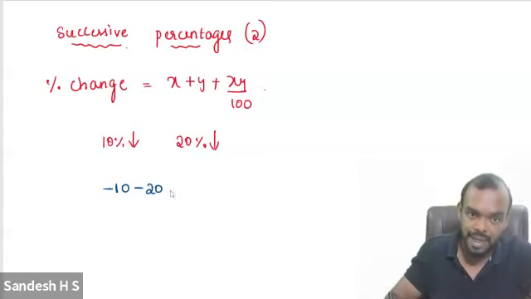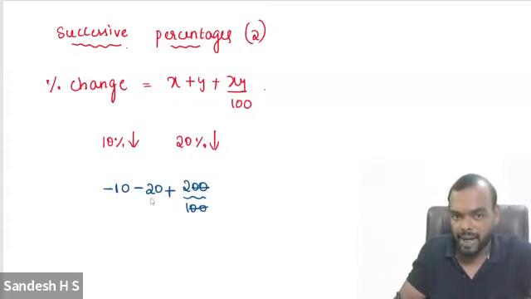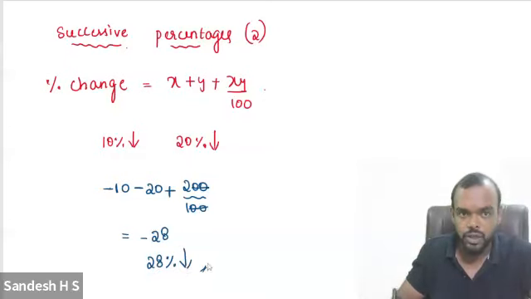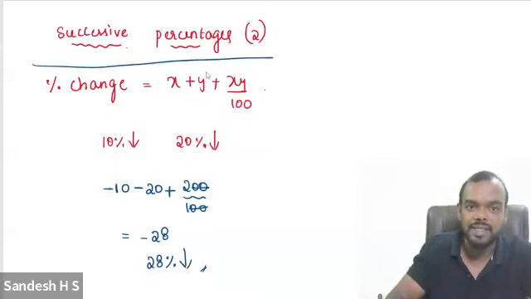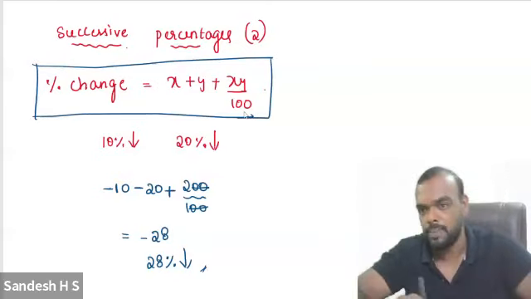Plus now x into y, minus into minus, plus 10 into 20, 200 divided by 100, 0, 0 cancel, minus 30 plus 2, will be minus 28. Once again, minus means a 28% decrease. You can directly get the answer using this formula if you can remember this formula.